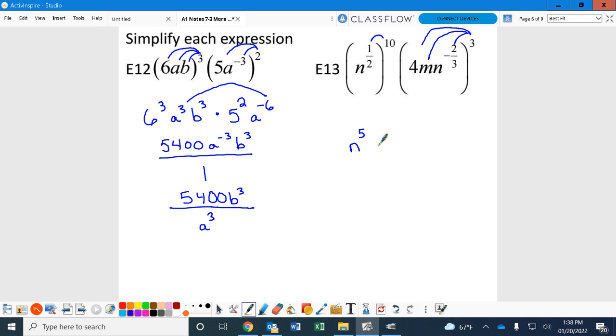So it's going to be multiplied by 4 to the third, m to the third, and n to the, oh, grab your calculators. Multiply 2, fraction button 3, negative, times 3 equals -2. There we go.